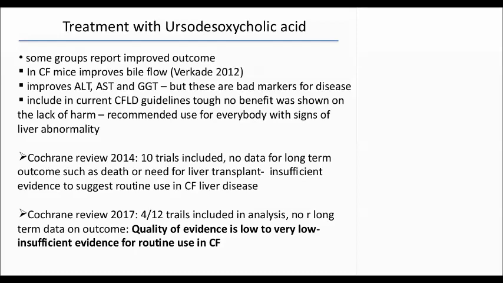There have been some groups reporting improved outcome, usually the European groups, older publications, and they mainly tracked ALT and AST that come down when you treat somebody with urso. But as I said before, there may not be good correlation to the actual severity of the liver disease.